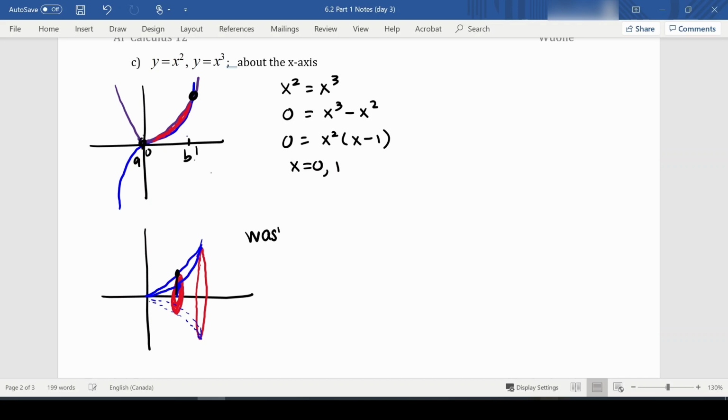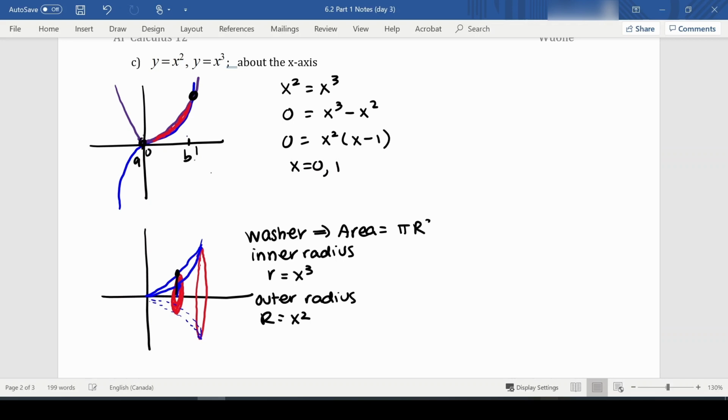So this is a washer, okay, with our inner radius, we'll call this little r, is x cubed, and our outer radius, big R, is equal to x squared. So our area of the washer should be pi times big R squared minus pi times little r squared, which means our area is going to be pi times x to the power of 4 minus pi times x to the power of 6.